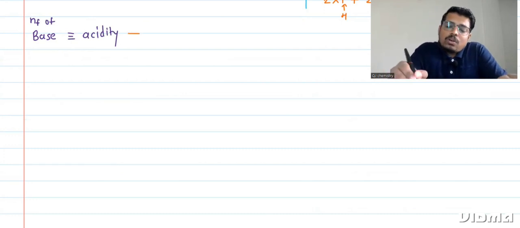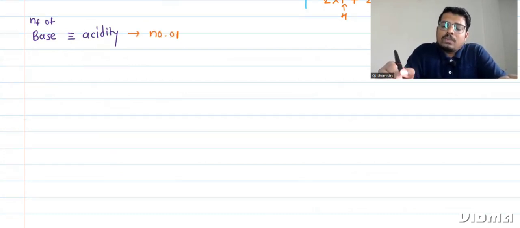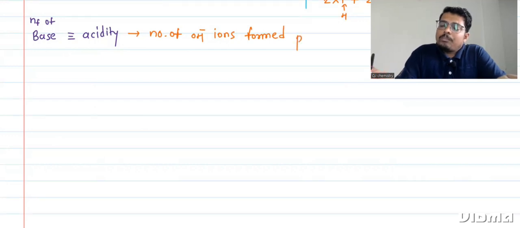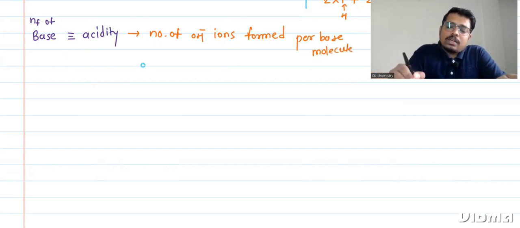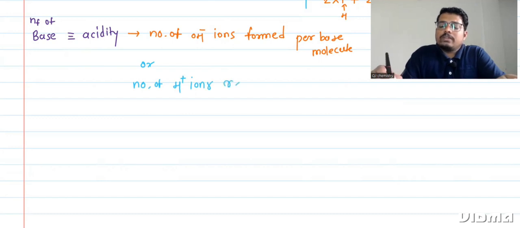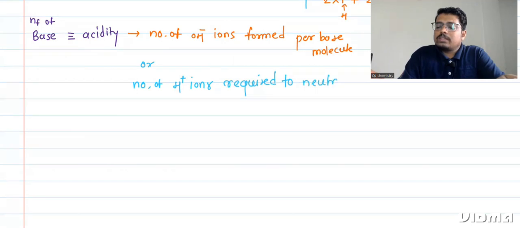Acidity means number of OH minus ions formed per base molecule, or there is another definition also: number of H plus ions required to neutralize one base molecule.